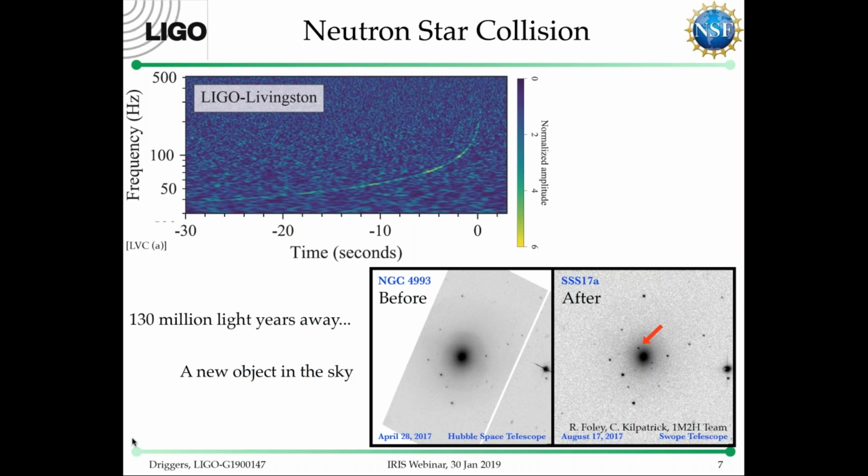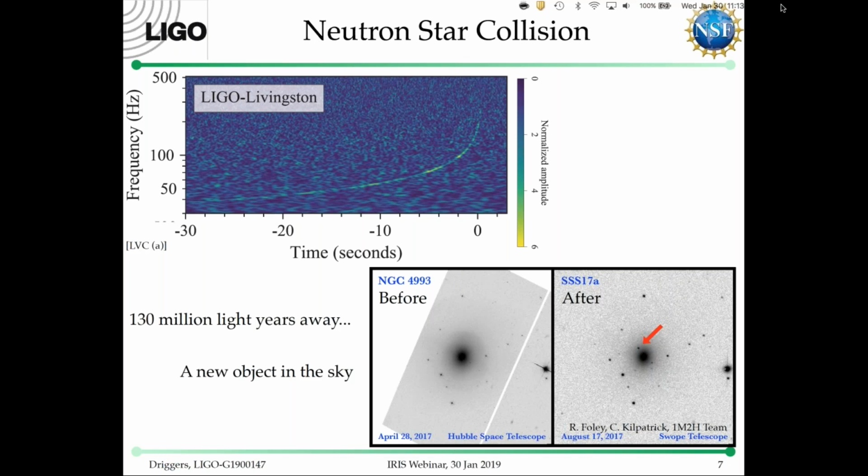And you can see where the red arrow is indicating that after, in the evening of August 17th, 2017, the SWOPE telescope was able to see that there was a new object in the sky. This little speck where the red arrow is pointing did not exist and was not observable before then, but this is the aftermath of that neutron star collision.